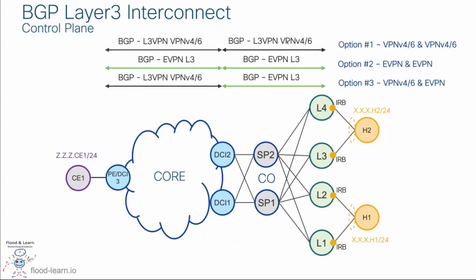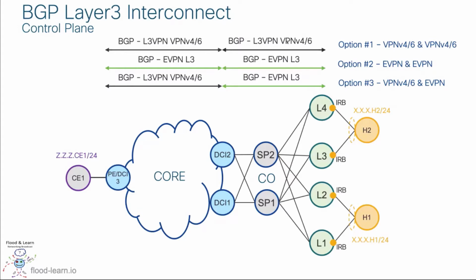Another possible option is to use the BGP EVPN for advertising these L3 informations really end-to-end. So I will have EVPN between my DCI and leaf layer, and then also from my DCI to the remote PE3 layer. Third option is that I have, for example, EVPN in the CO, and then I have VPN v4, VPN v6 in the core.